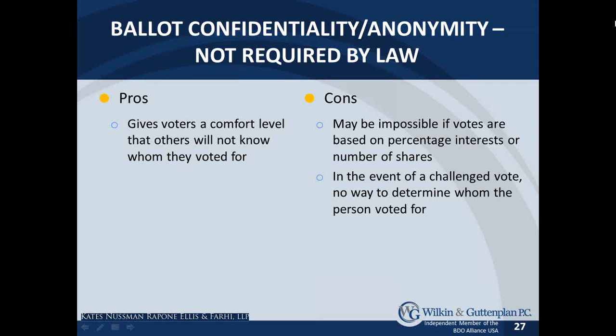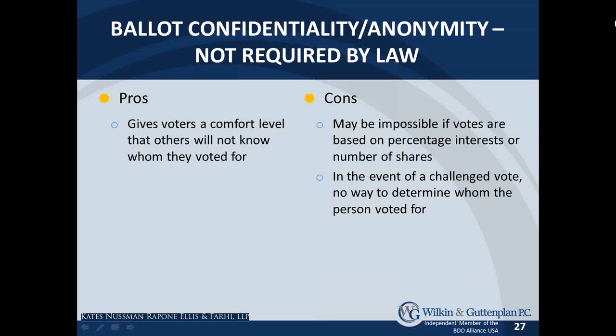At the same time, there's a couple of reasons why you don't want to have a secret vote. One is it may be impossible. If you are voting based on your percentage interest, or if you're voting based on your number of shares, it may be very difficult to set up a voting scheme where you could then anonymously cast a ballot.